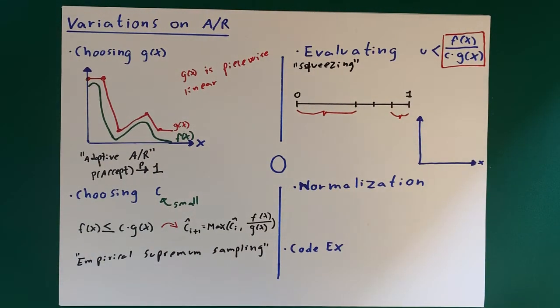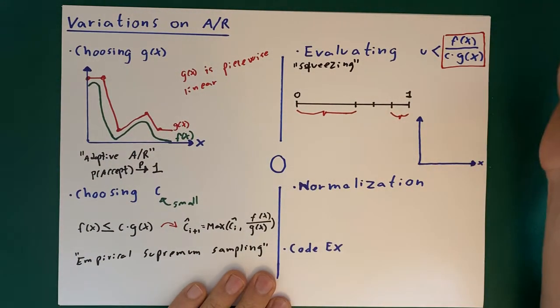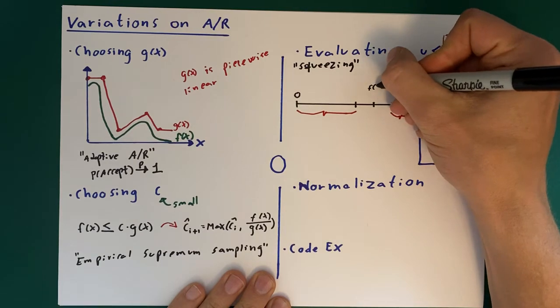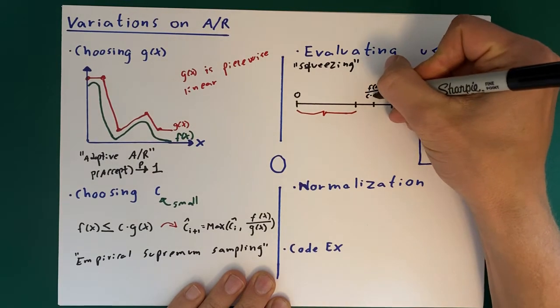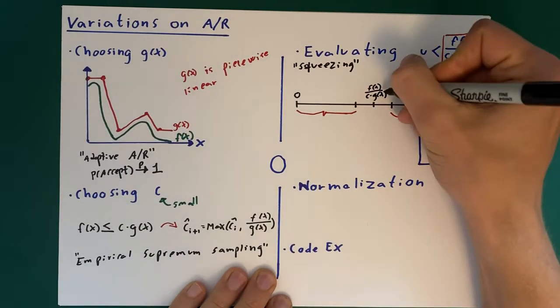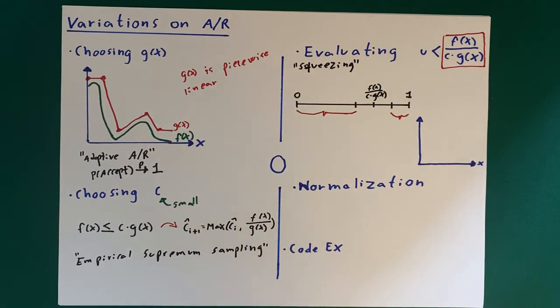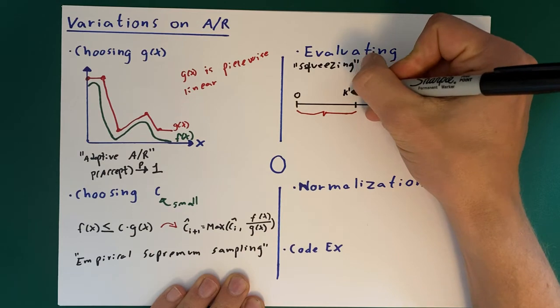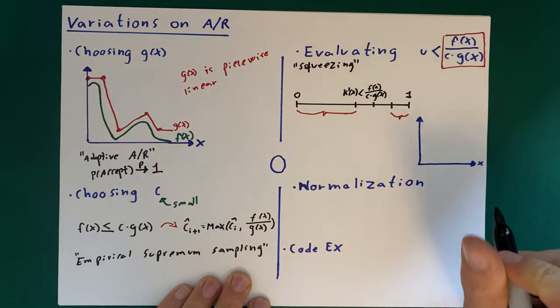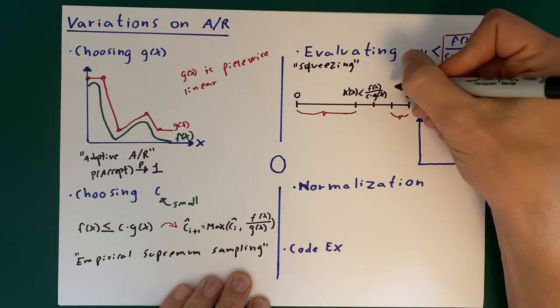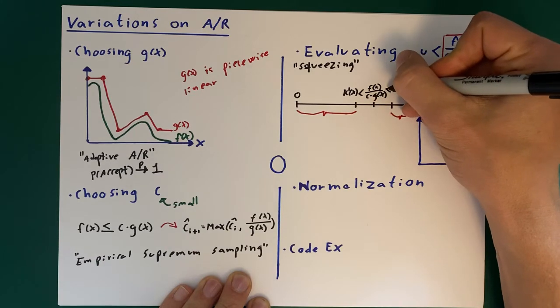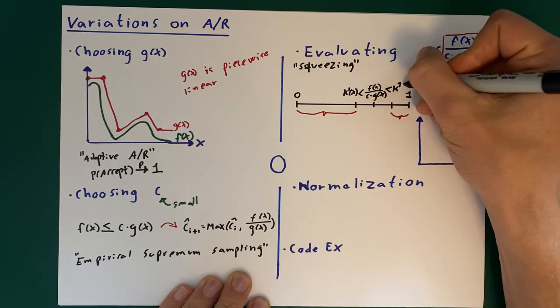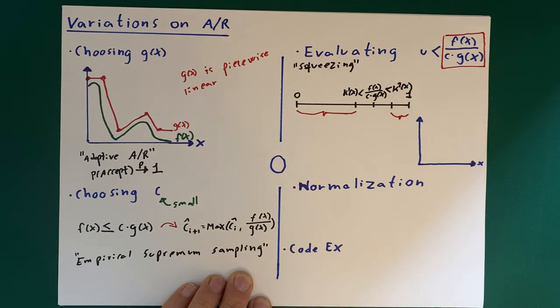And what that does is that, well, we have f of x over c times g of x, and we'll come up with some other function which is fast to evaluate, which is strictly smaller. We'll call it k1 of x, and we can also choose to come up with some function which is strictly larger, k2 of x, which is also quick to evaluate.